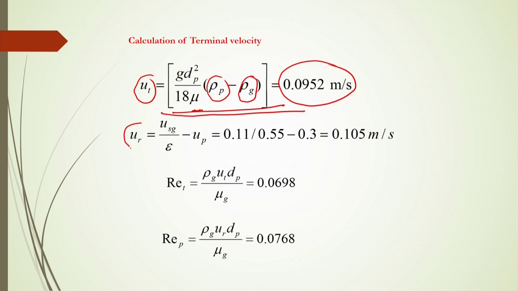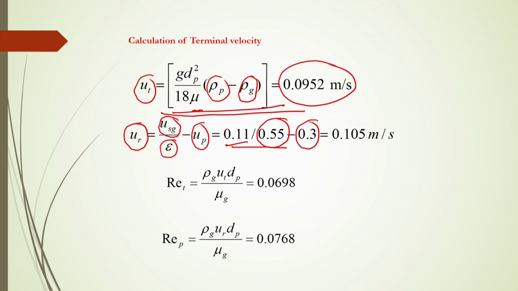Whereas, what should be the relative velocity of the particle inside the bed? Now, this is your superficial gas velocity, it is given here as 0.11 meter per second. The porosity or voidage is given as 0.55. This is your actual gas velocity inside the bed, and this is the particle velocity.